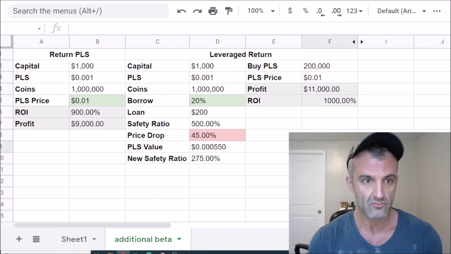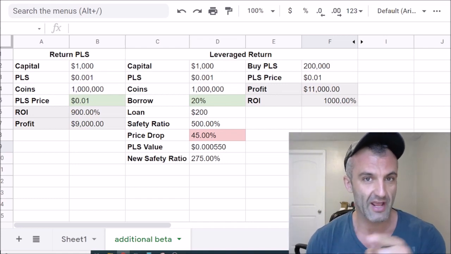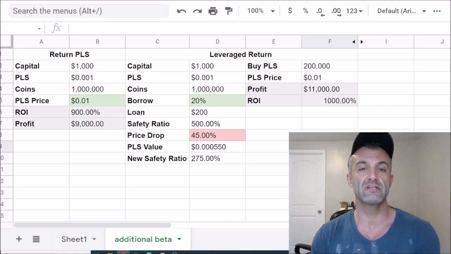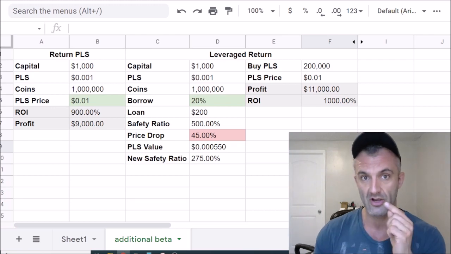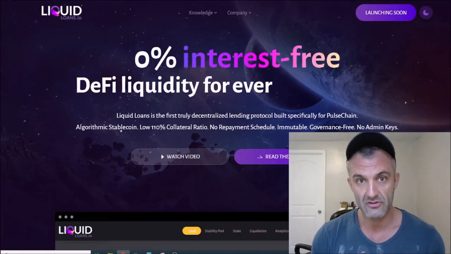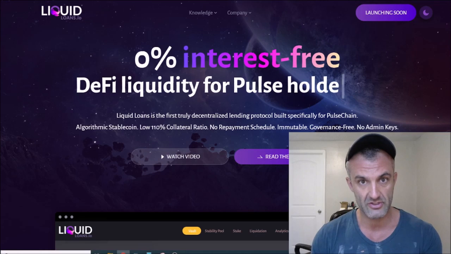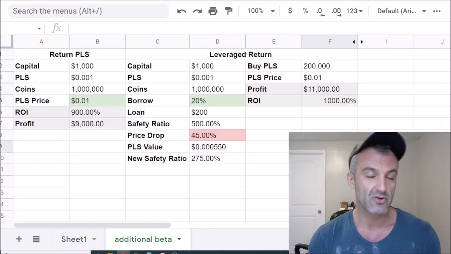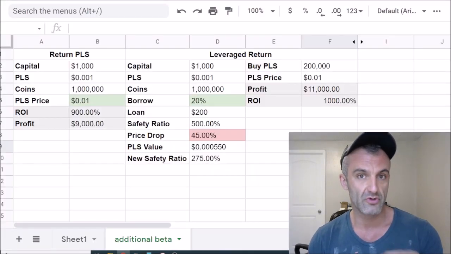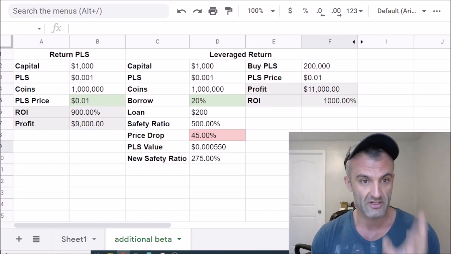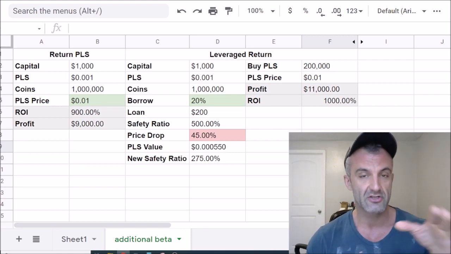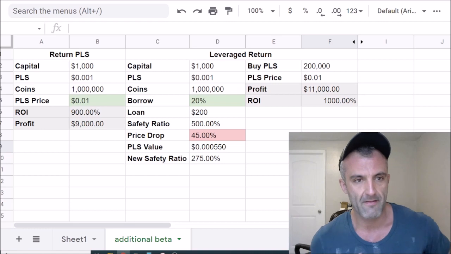So that's the risk, but we're going to show you how to actually mitigate that risk in a future video, when we talk about how not only can you use Liquid Loans to increase your returns, but you can also use them to reduce your risk in a different way. So that's going to be in a future video, but first let's talk about how you can leverage your return.